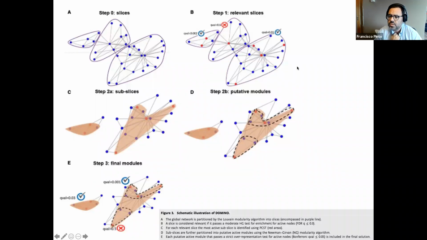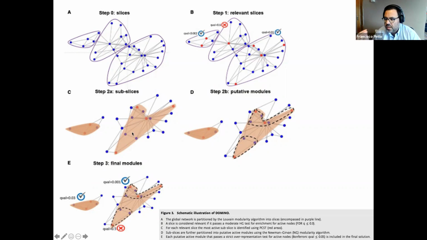Then, within those selected modules, you apply what is called PCST. In the paper, it is the prize-collecting Steiner tree problem. The idea is that I want to define the minimal subnetwork that includes these significantly changed genes. But with the prize-collecting, it selects the other nodes that connect these significantly changed genes, choosing the ones that have a higher signal in the experimental results.